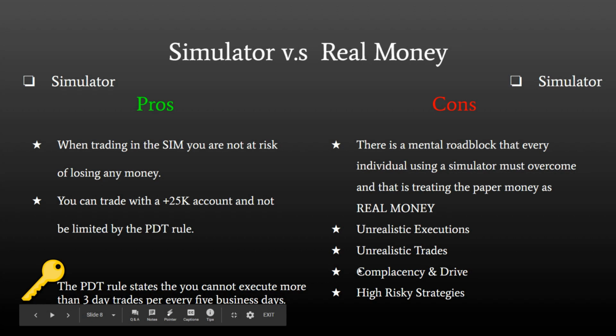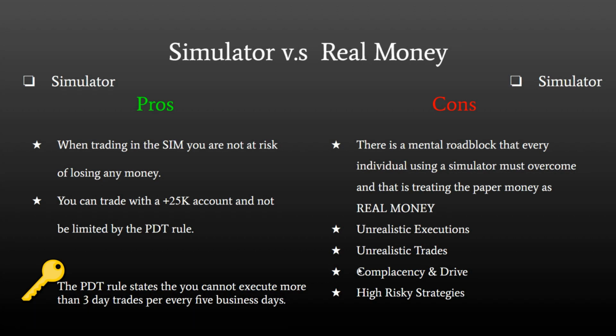In a simulator, another thing to look out for is complacency and lack of drive. So let's say you lose money, and it's like, I'm in a simulator, I lost money, I don't care. No, if you're treating this as real money, you should care. That should bother you that you made mistakes and you lost money.